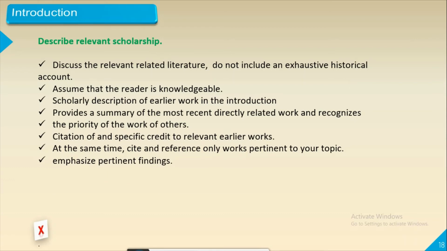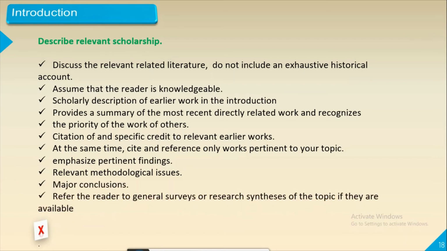Emphasize pertinent findings. Give relevant methodological issues and major conclusions. Refer the reader to the journal survey or research synthesis of the topic if they are available. When summarizing earlier works, avoid non-essential details.